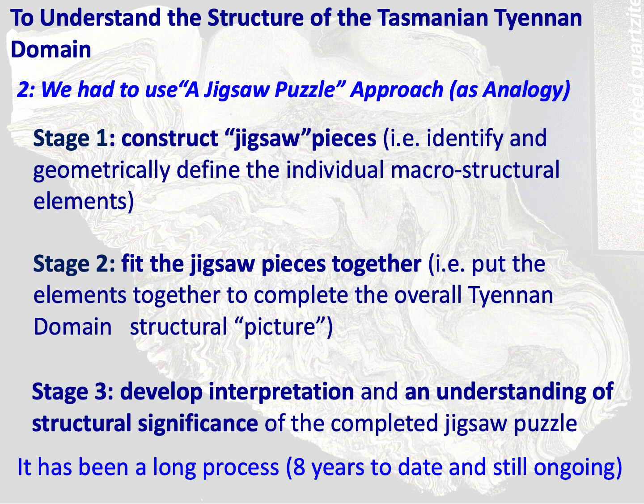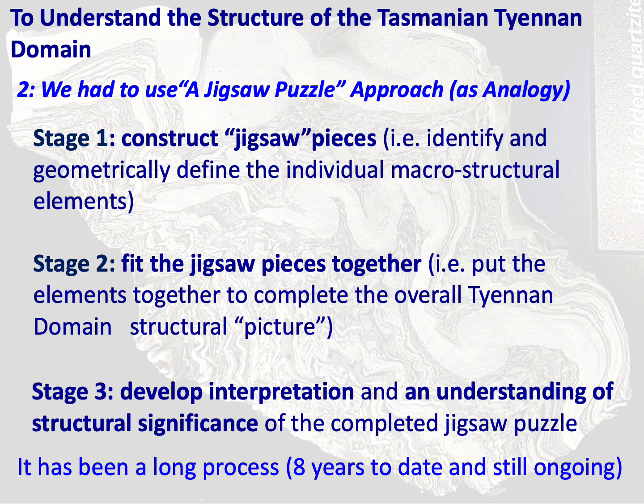It is also important to realise that to develop the current Tyennan macrostructure and crustal architecture, we had to approach the problem like a jigsaw puzzle. Firstly, we had to create the pieces before we could complete the puzzle.